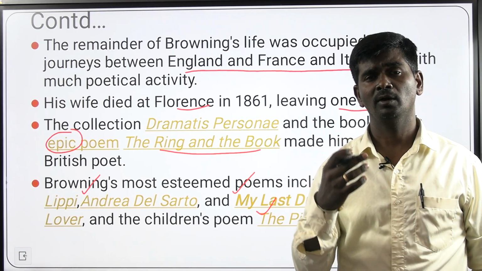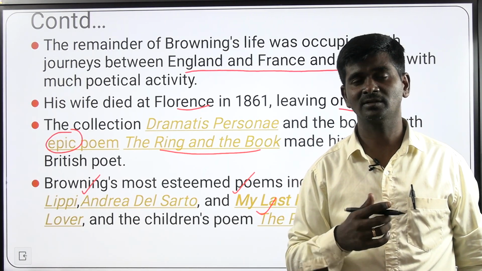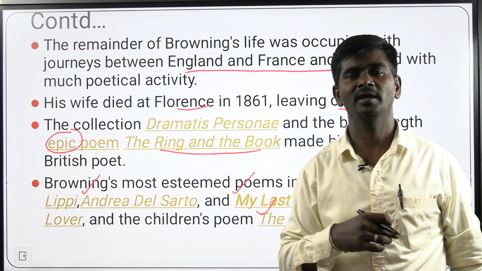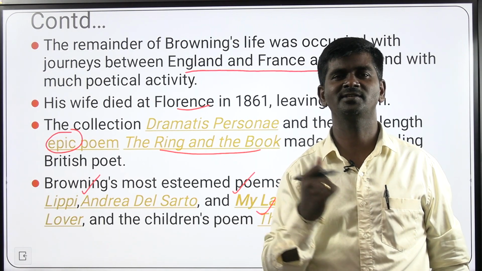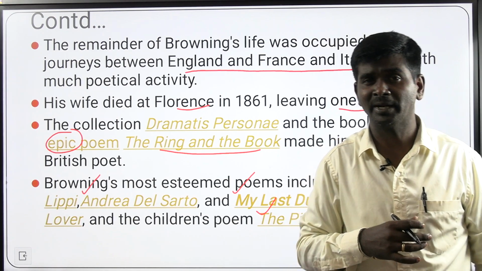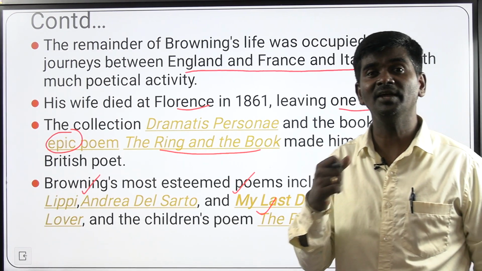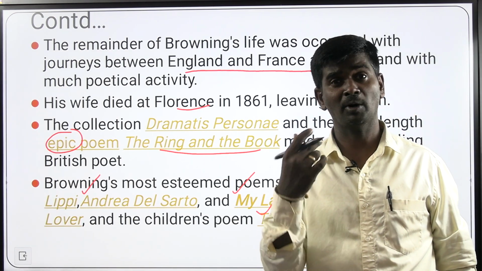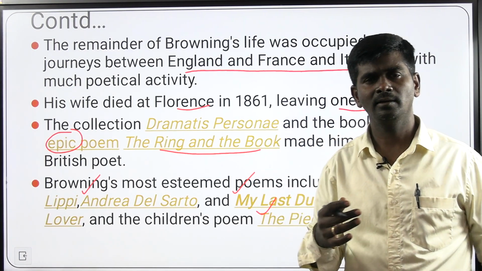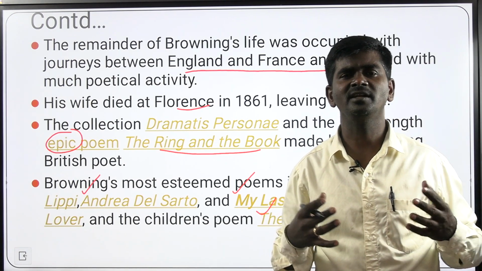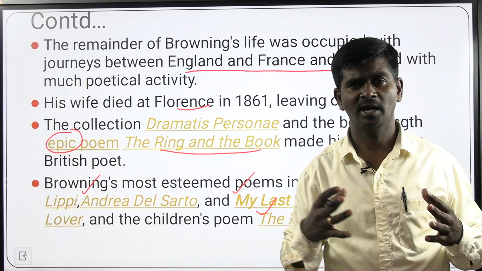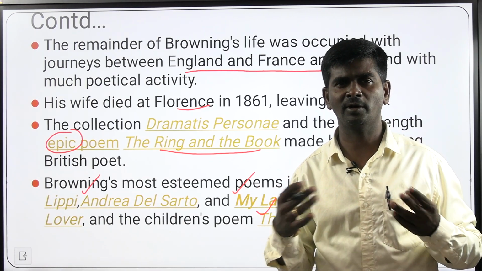Andrea del Sarto was a popular Italian painter, along with Raphael, Michelangelo, Petrarch, Dante. All those were contemporaries of Andrea del Sarto. Very interesting. That is also the best example for dramatic monologue, where his lover leaves him, as he was a popular painter. He paints and he sells his work, and he was not able to paint anything, and she was attracted to somebody else. She says, I am not going to live with you because you are not earning anything.